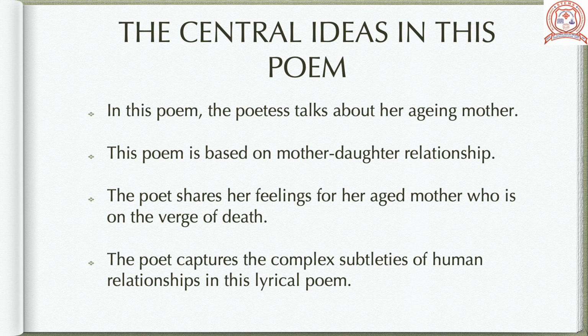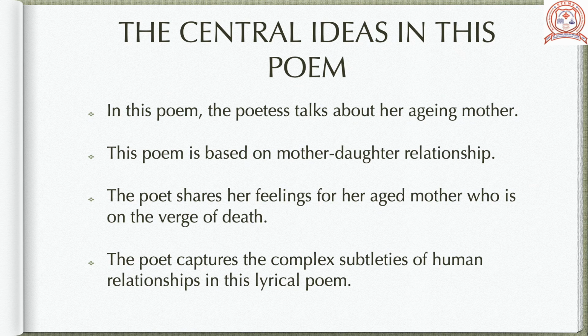is actually about the mother-daughter relationship, the love and affection between a mother and a daughter. In this poem, the poetess talks about her aging mother. This poem is based on the mother-daughter relationship. The poet shares her feelings for her aged mother who is on the verge of death.